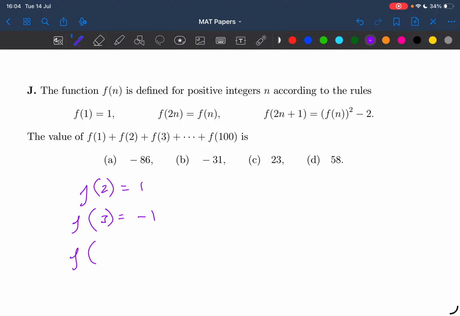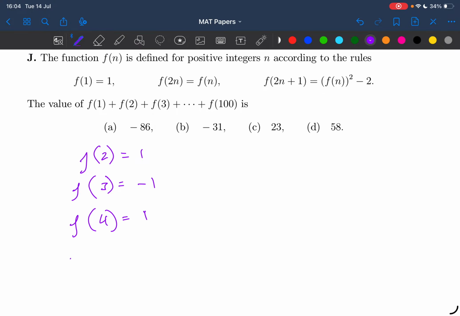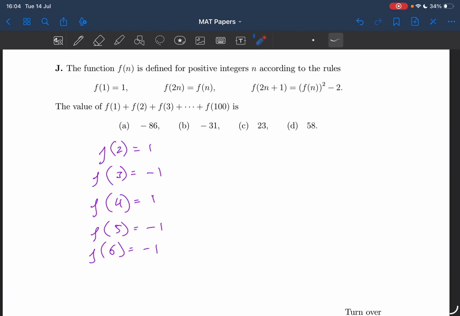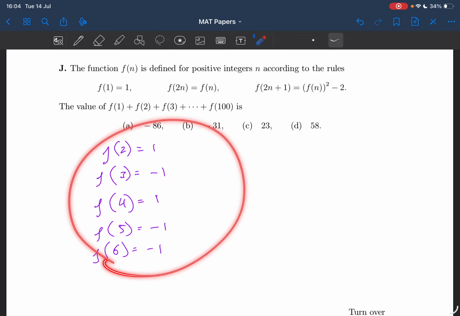When we look at 4, I've done half of that. It was 2, and that gives us a value of 1. 5 I haven't done, but we go and look at 2, which we had as 1. We square that, we get 1. We take away 2, we get minus 1. For 6, I've done half of that. It's 3, wasn't it? So it's going to be minus 1 again. So by the looks of things, we're only going to get 1s and minus 1s.